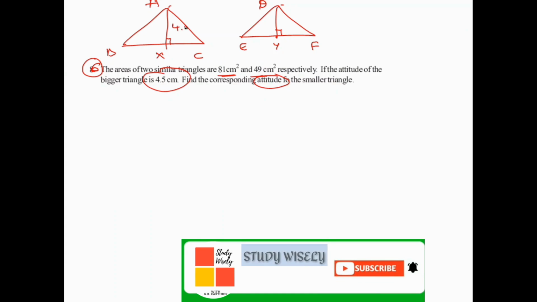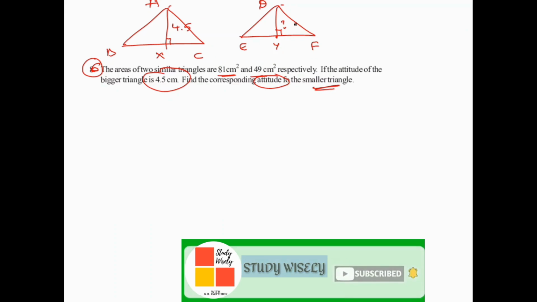The altitude of the bigger triangle is given as 4.5. Find the corresponding altitude of the smaller triangle. Let me write the given data first, so that there won't be any confusion. For triangle ABC and triangle DEF, the area of triangle ABC is given as 81 square, and the area of the other triangle is given as 49 square.